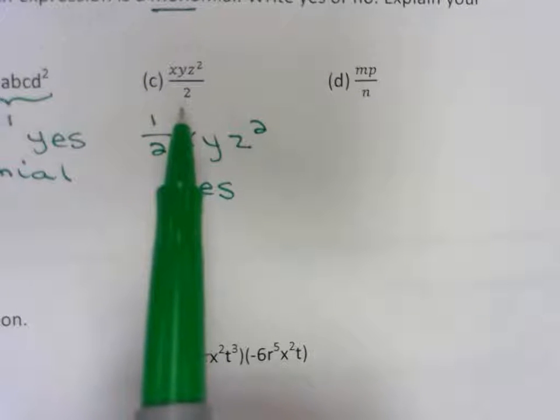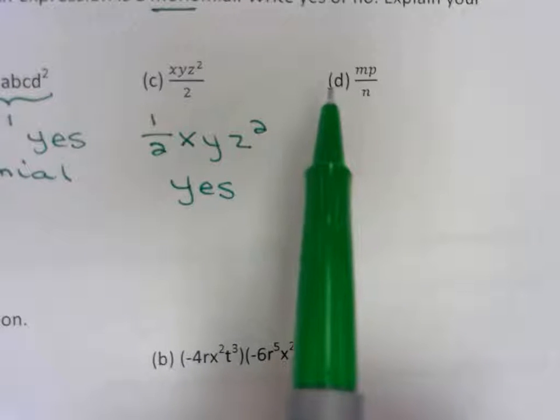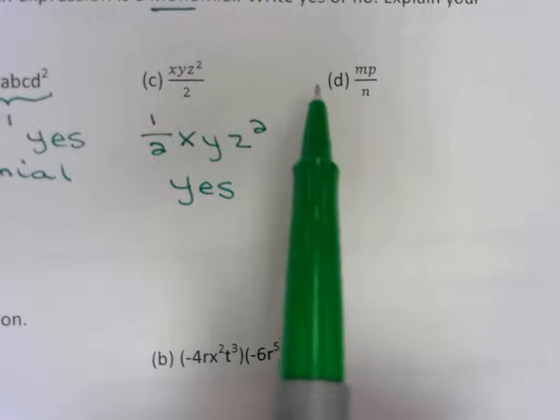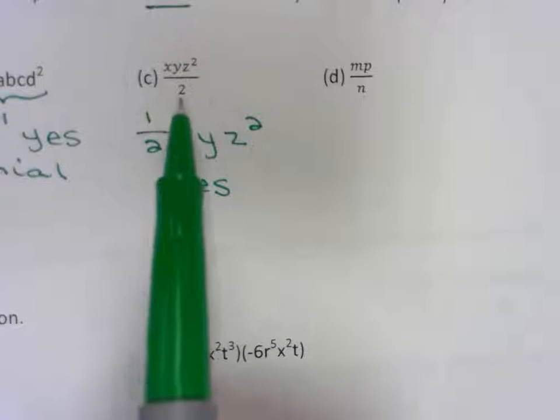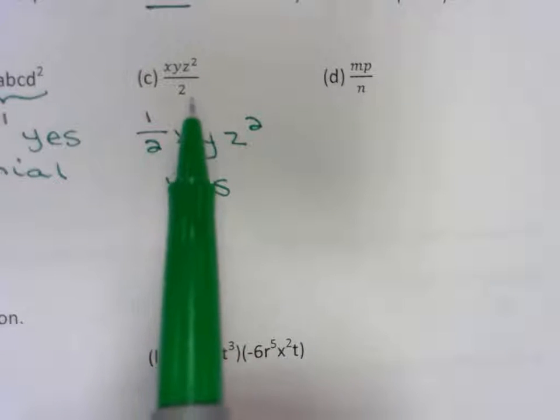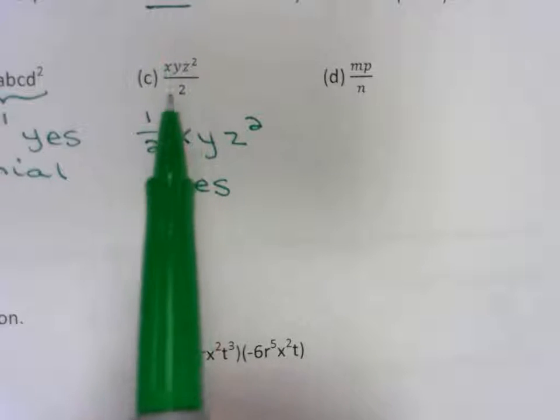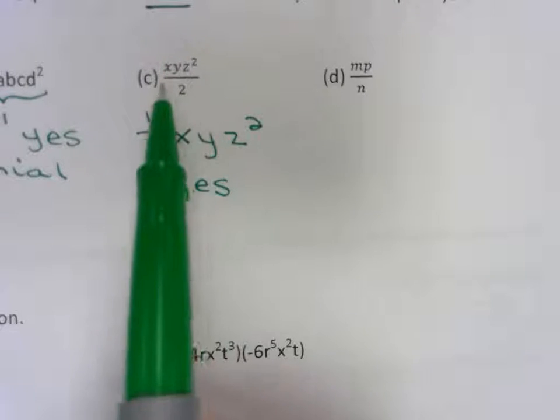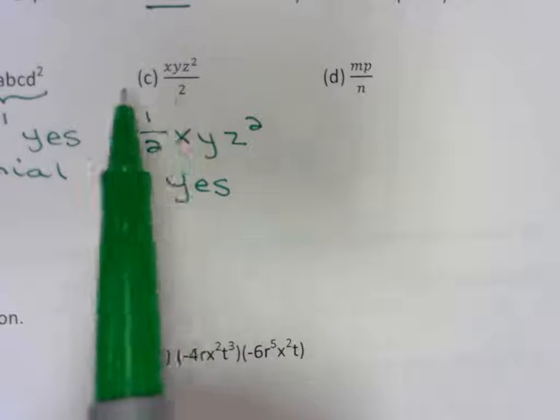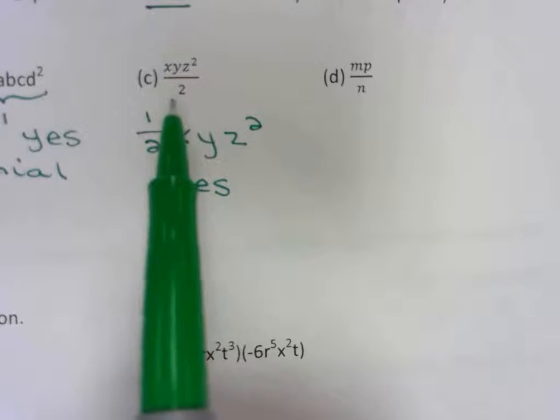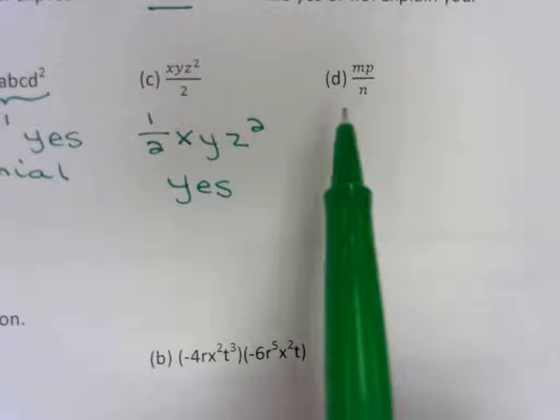Okay, a little more specific, you're on the right track. For part C, I'm dividing by a number, which, let's use fancy words, is a constant. So for part C, I'm dividing by a constant. In part D, am I dividing by a constant?